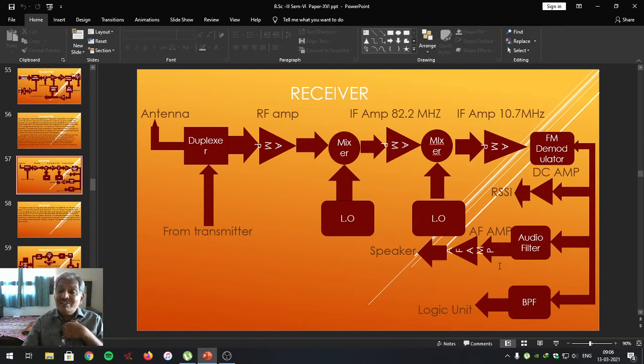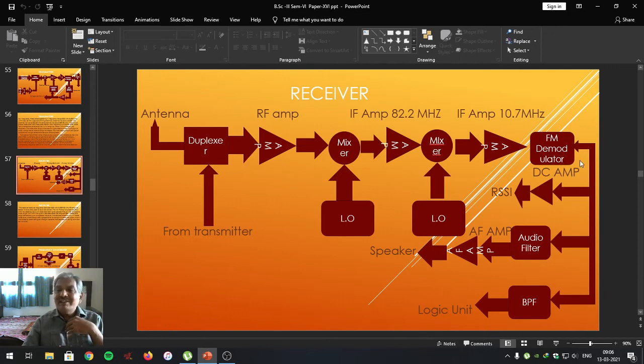But when this aspect is going on simultaneously, as we have studied that in cellular communication, in every cell there is a low power transmitter and receiver. The transmitted radio frequency signal will be monitored in the receiving tower, and for that particular purpose the signal is generated in the receiver.